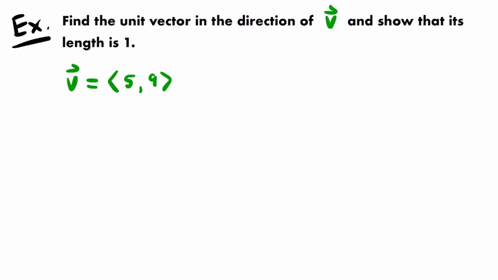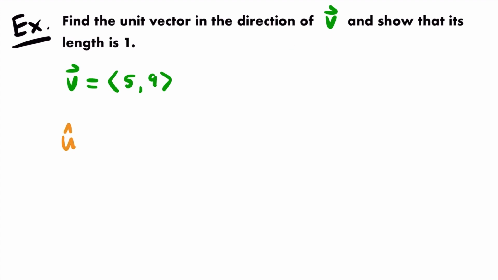All right, so next up we want to find the unit vector in the direction of vector v and show that its length is 1. And our vector v is the position vector of the point (5, 9). Now in order to solve a problem like this, in order to find a unit vector in the same direction of a position vector, you need to know the following formula.